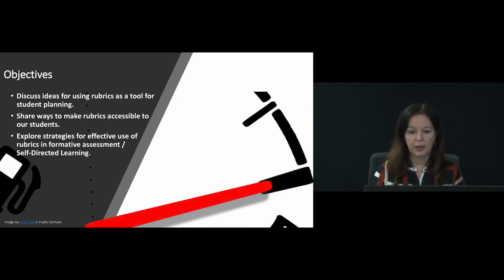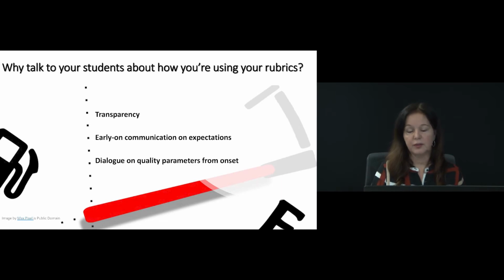So why do this? Why have this conversation and hopefully a dialogue about your rubrics? First is about transparency. The more your students understand where you're coming from, the less anxious they will be about what to do. There is nothing that they're not prepared for.